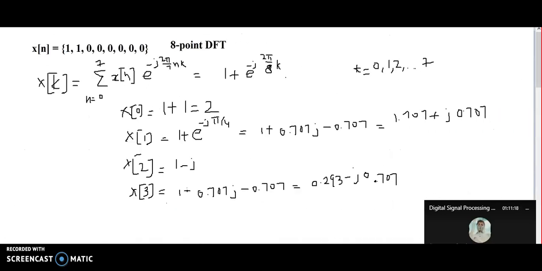And complex conjugate property क्या कहती है कि x of n minus n will be equal to xn, complex conjugate property कहती है x of k is equal to complex conjugate of x of n minus k.